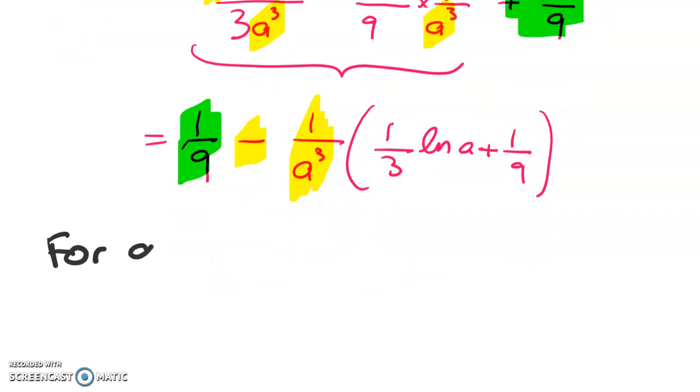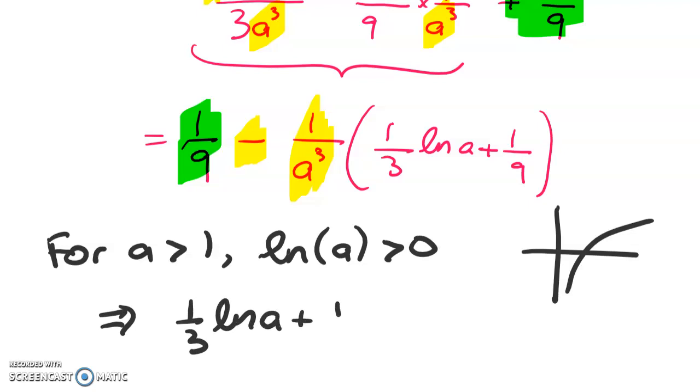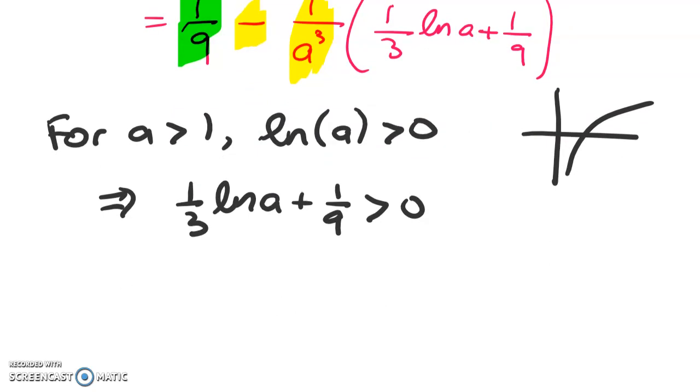So for a greater than 1, we know that the natural log of a is a positive number, right? Think about your graph of the natural log. And that means that 1/3 log a plus 1/9 is strictly positive.